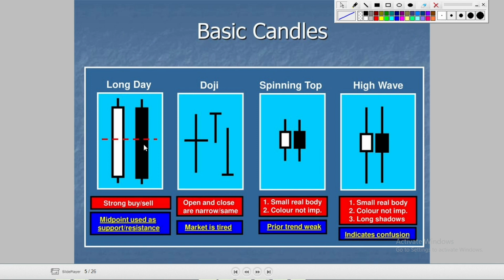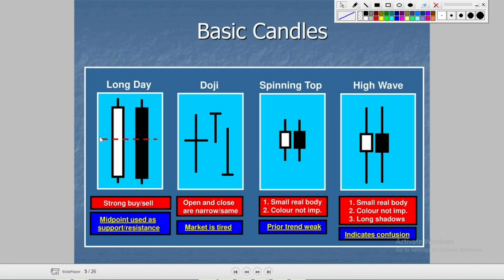So we have the basic candlesticks. We start with the long day. If you can check the long day, this one defines the support and the resistance. You see, the midpoint is used as support and resistance.